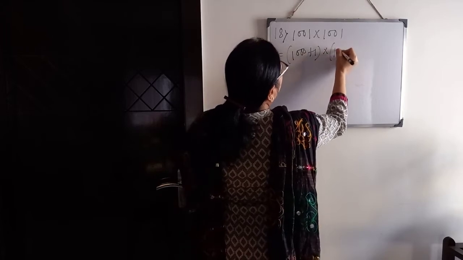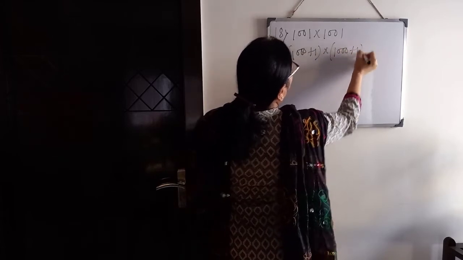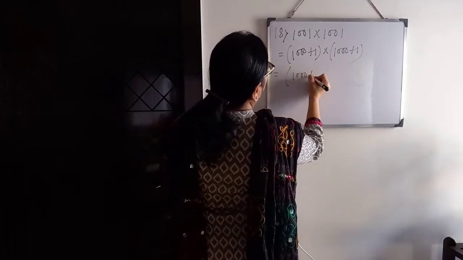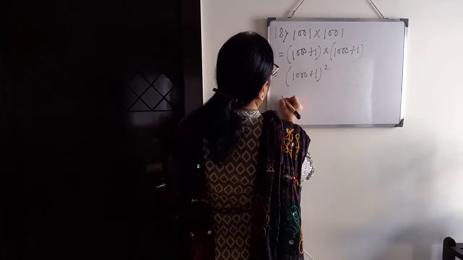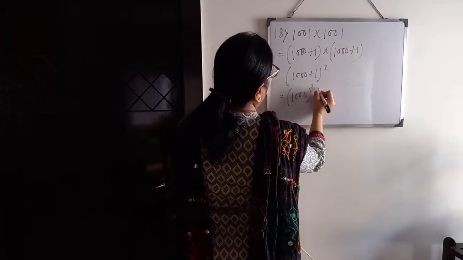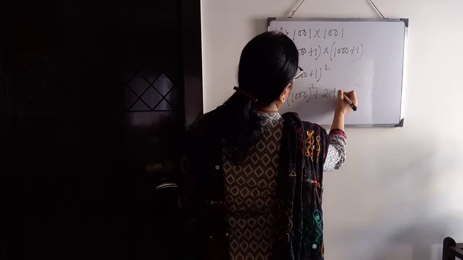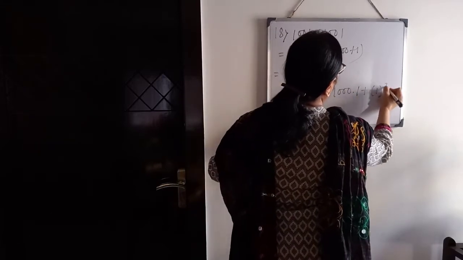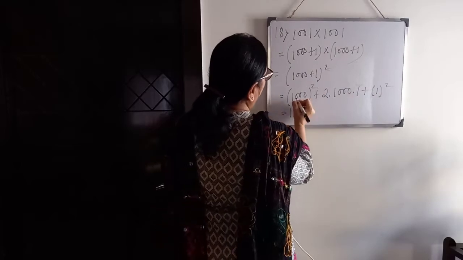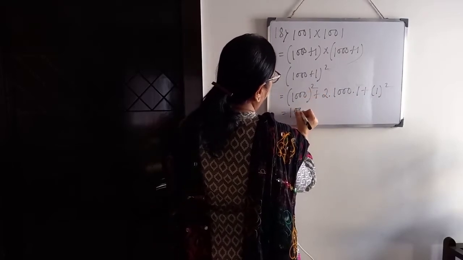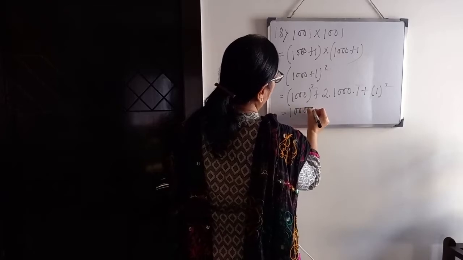So it is becoming this. Now it is in that form, a square plus 2 a into b plus b square. Now I have told you square, that is 6 zeros.